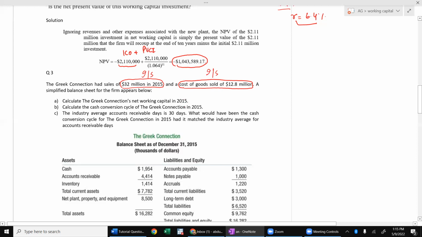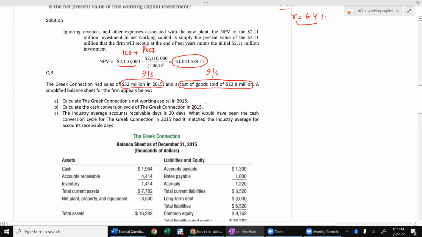But from the balance sheet, of course, we need more inputs. From the following balance sheet, we need to calculate the Greek's net working capital in 2015 and the cash conversion cycle.